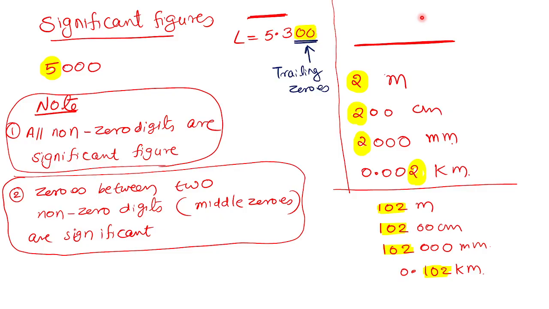Understood? Zeros at the end, but after the decimal point, are said to be trailing zeros. The trailing zeros are considered significant figures because they represent accuracy. Trailing zeros are significant digits.